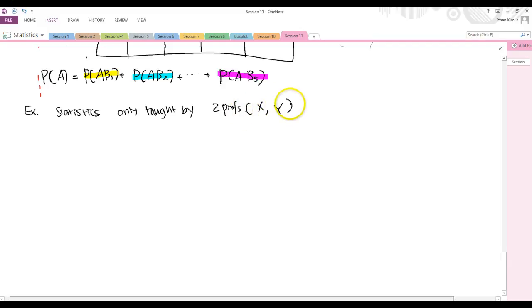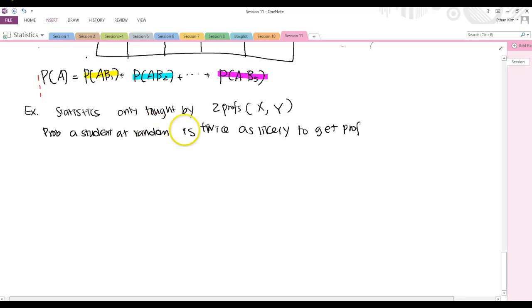Let me just write this down. The probability that a student selected at random is twice as likely to get Professor X as Y. And let's look at this, this is interesting.